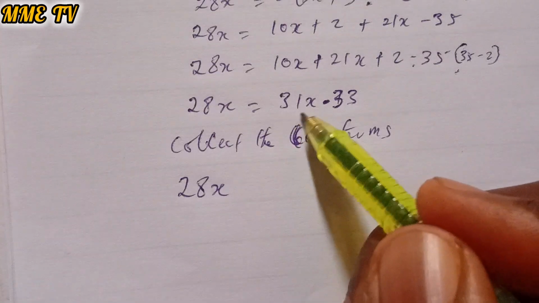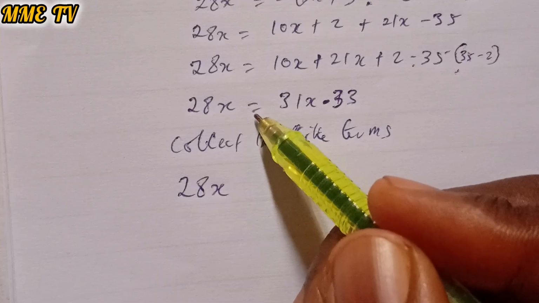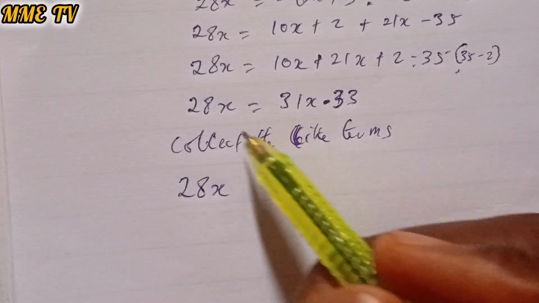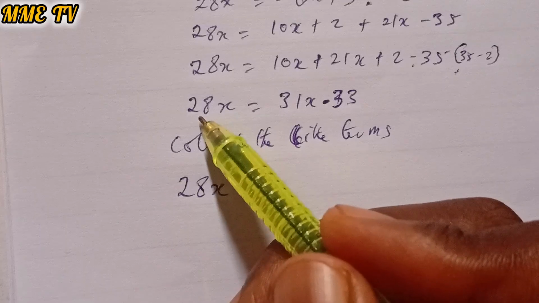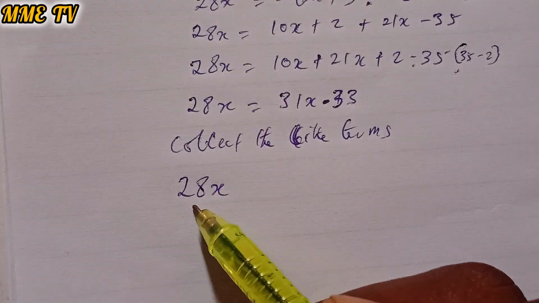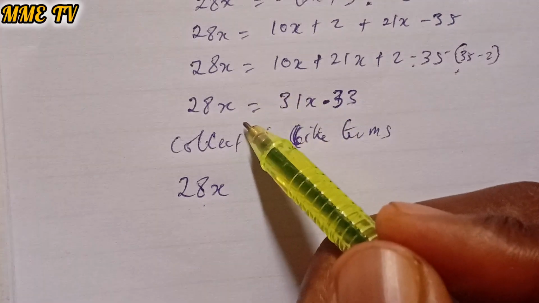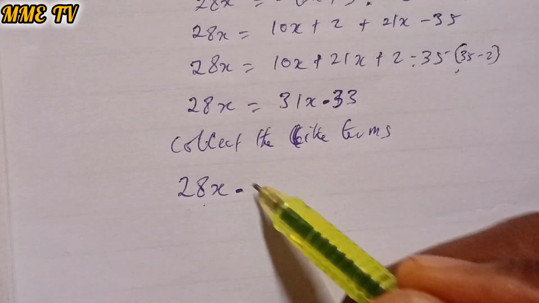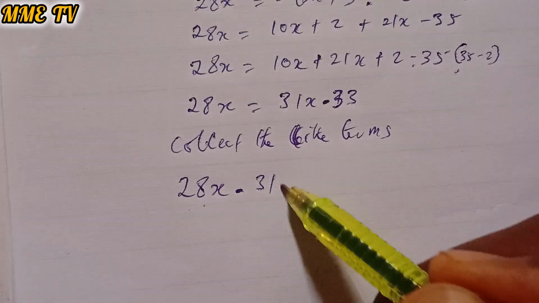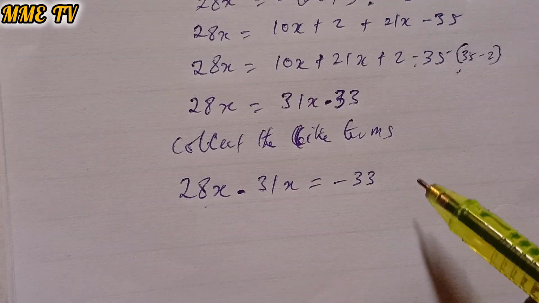But because I am taking this number to this other side, meaning that it's going to cross an equality sign, it's not going to be in the first place and let 28x be in the second place. No. This number is already existing here. So if I take 31x over to this side of the equality sign, it will still be on the second place, which is still going to be equal to minus 33.